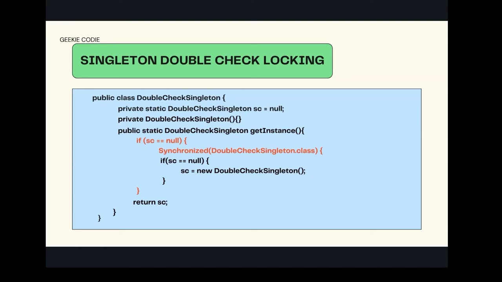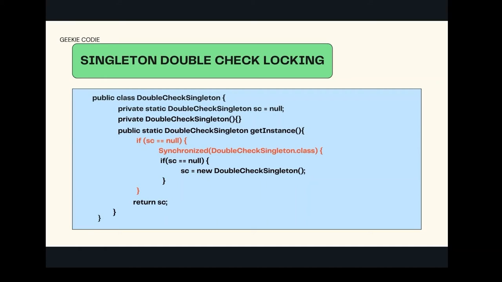The first thread that enters the synchronized block is going to create the first object of the class and exit the synchronized block. Only then will the second thread, which was waiting, get the lock and proceed into the synchronized block.